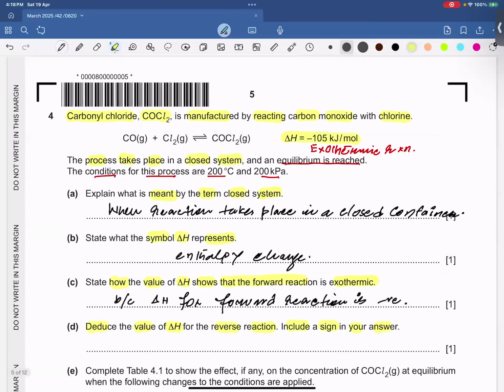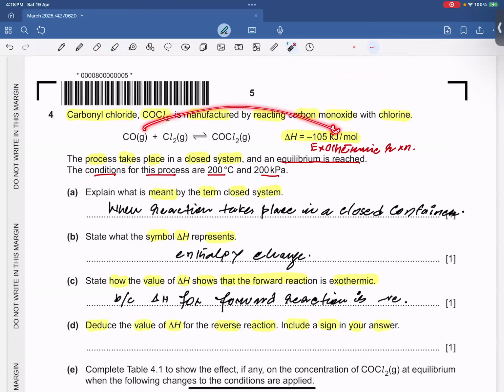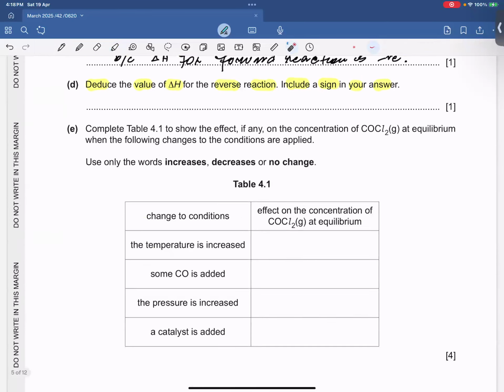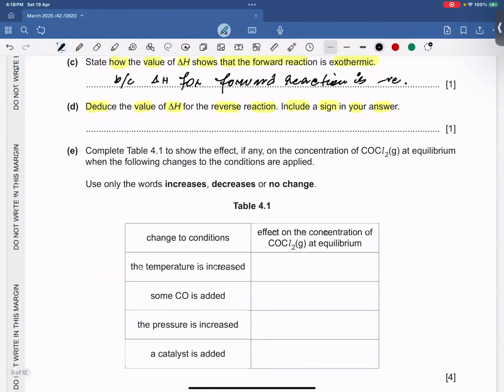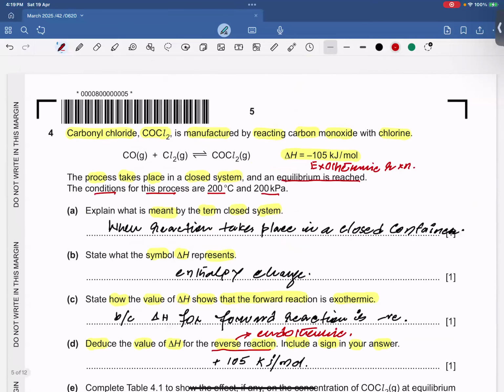So if the forward reaction is exothermic, obviously the reverse reaction is endothermic. So it's going to be plus 105 kilojoule per mole, okay? Because the reverse reaction is endothermic. The energy value remains the same, we just need to flip the sign.